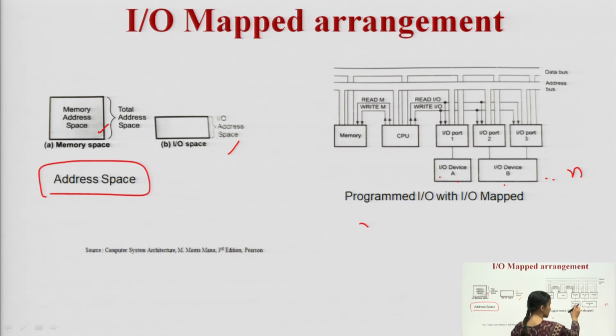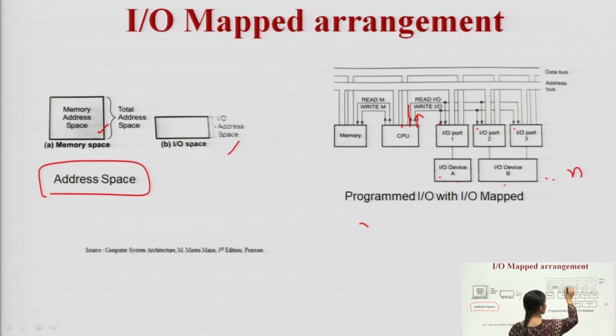So, device A is connected to IO port 1, device B is connected to IO port 2, and so on, and these different ports are connected to the CPU for performing the read and write operations. This is how they are connected to our CPU.